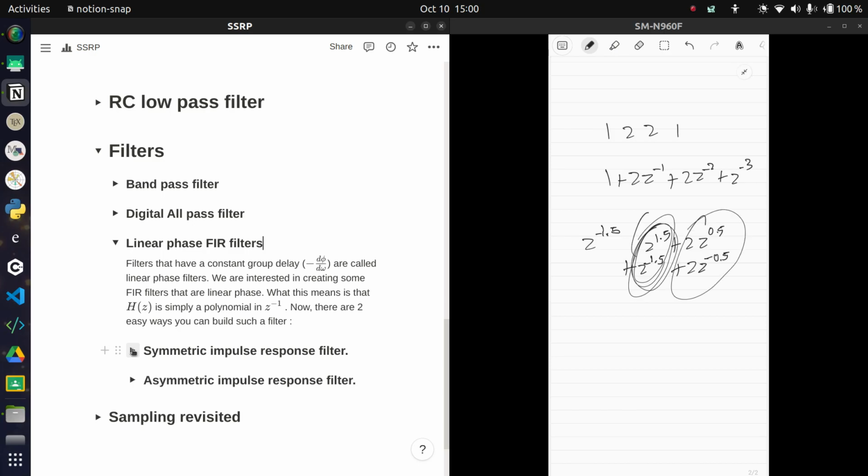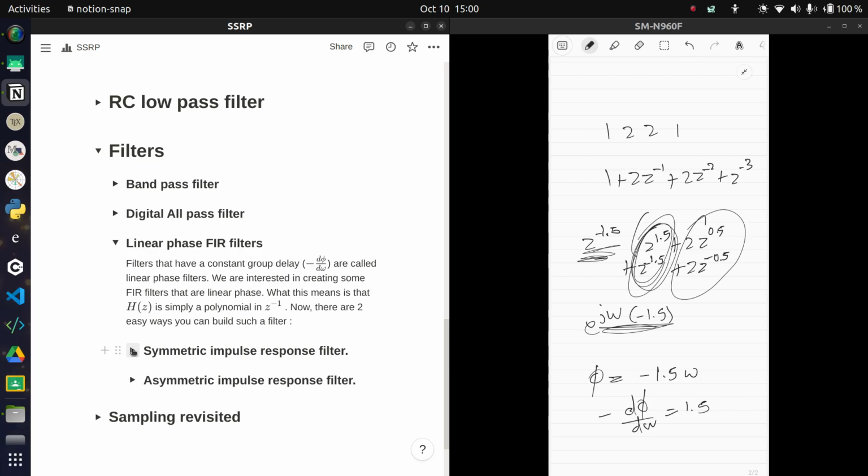All the phase change comes from the factor z power negative 1.5, where z is e power j omega. Your phase change is negative 1.5 omega, so negative d phi by d omega is just 1.5. It's the group delay, it's constant, so it's a linear phase filter. That's a symmetric impulse response filter.